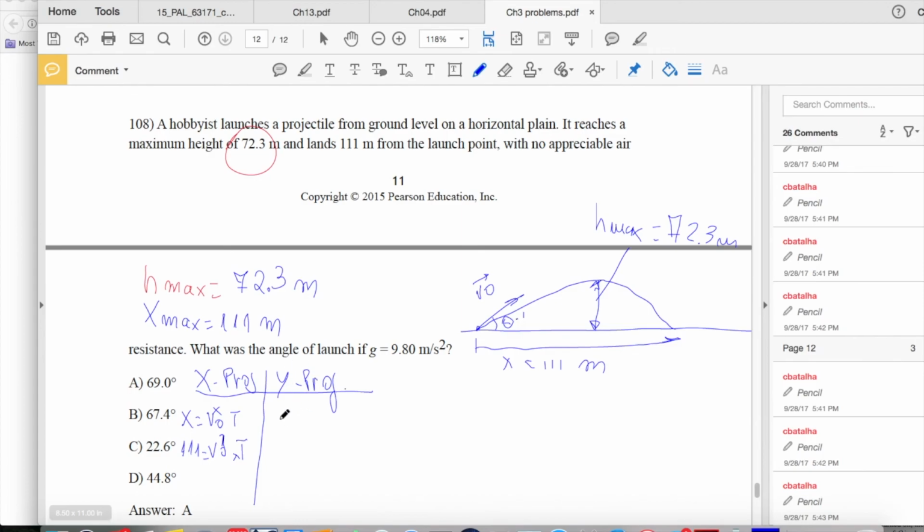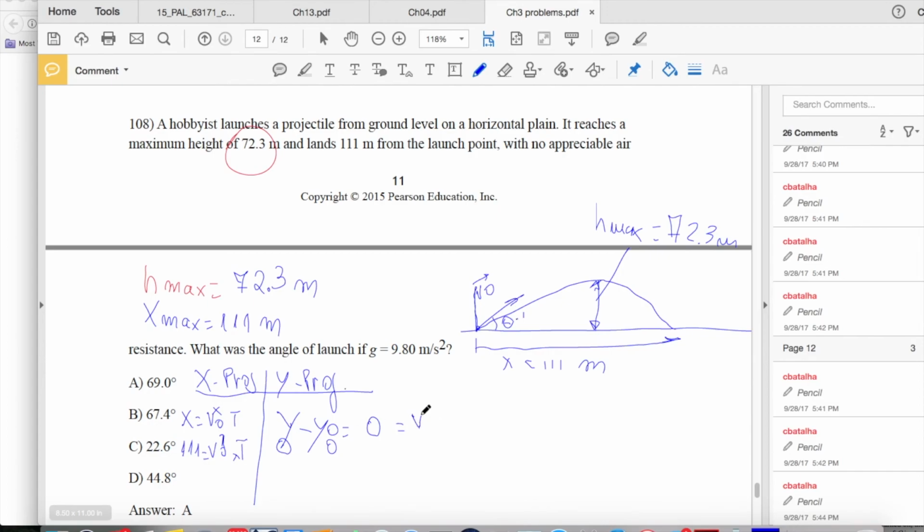So how about y? Y minus y naught, the displacement in the vertical direction. The displacement is such that you go up and down, so in the y direction it is 0, right? Or you could say the final position is 0, and the initial position in y is 0.